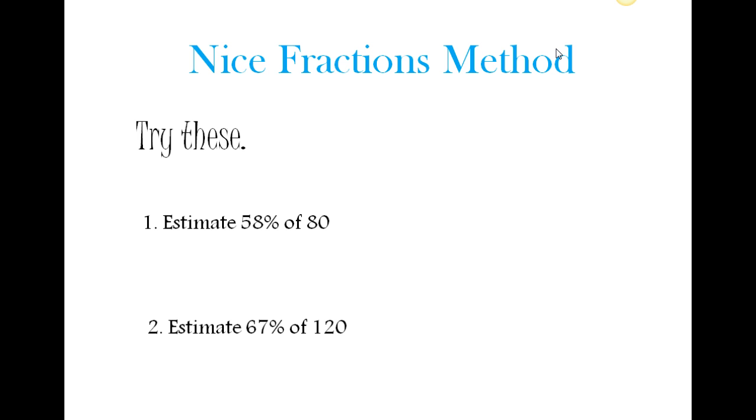Alright, number one, estimate 58% of 80. Well, 58% is really close to 60%. And 60% would be 3/5 of a nice fraction. The better you know your nice fractions, the easier these problems are going to be.